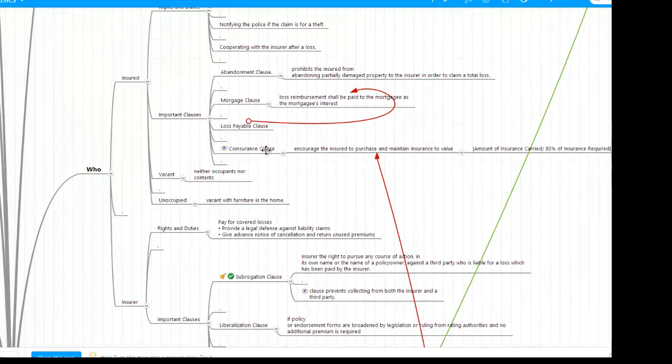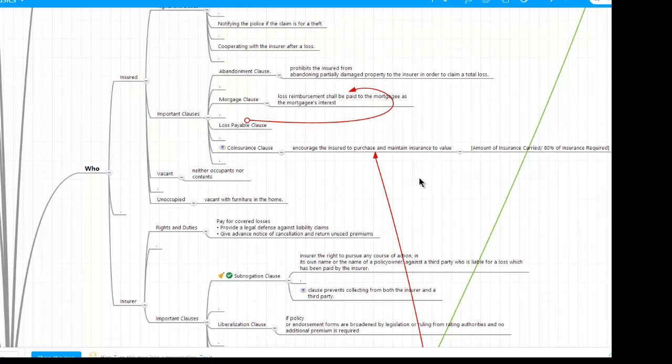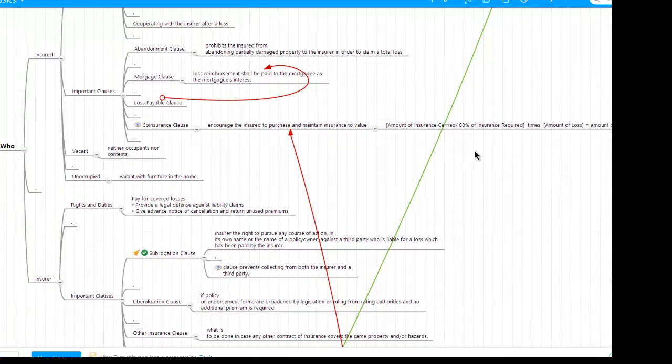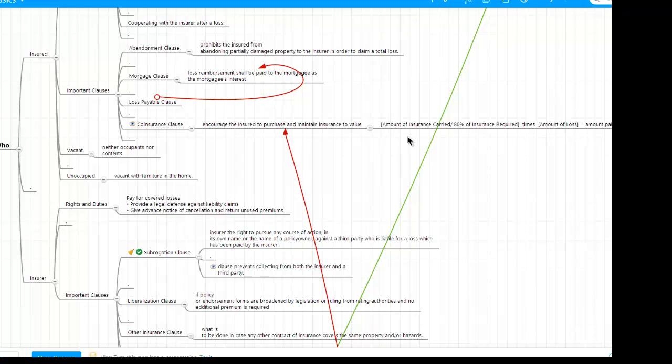The Coinsurance Clause means that you should have sufficient insurance to cover the value of the property or the liability. So if you underinsure and there's a partial damage, they may pay only part of the loss. The amount of insurance carried, 80%.